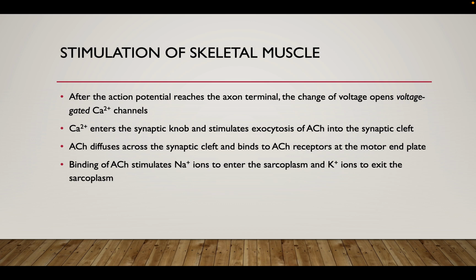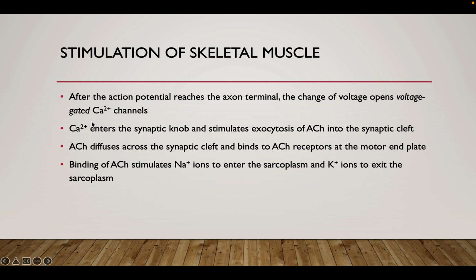It's going to rush inward, and when it rushes inward, it actually stimulates our synaptic vesicles, those vesicles containing acetylcholine, to fuse with the end portion of the synaptic bulb, synaptic knob, and exocytose that acetylcholine into the synaptic cleft. So that image that we saw earlier, that synapse with the synaptic cleft, all of that acetylcholine is going to be dumped and exocytosed out of its vesicle into that space, into that synaptic cleft.